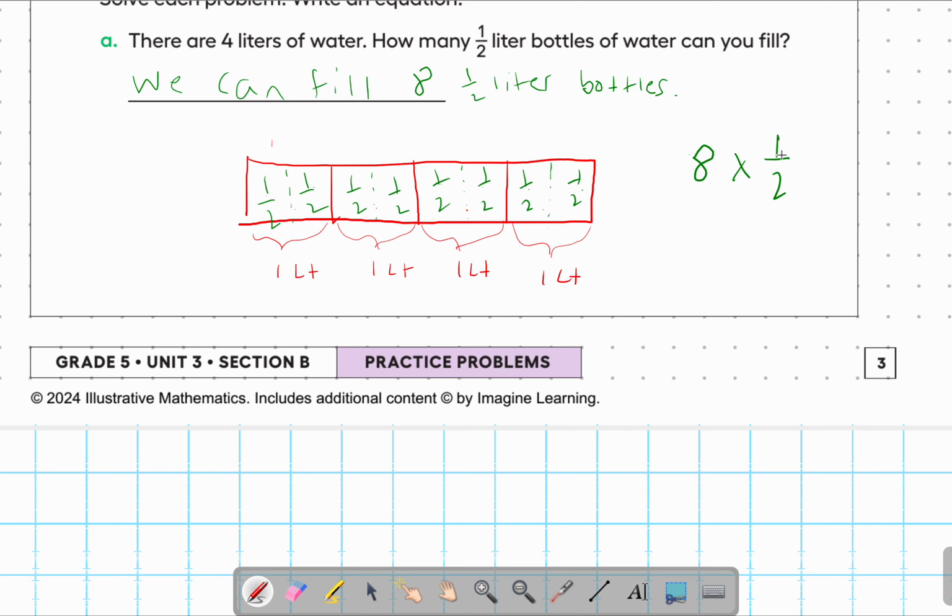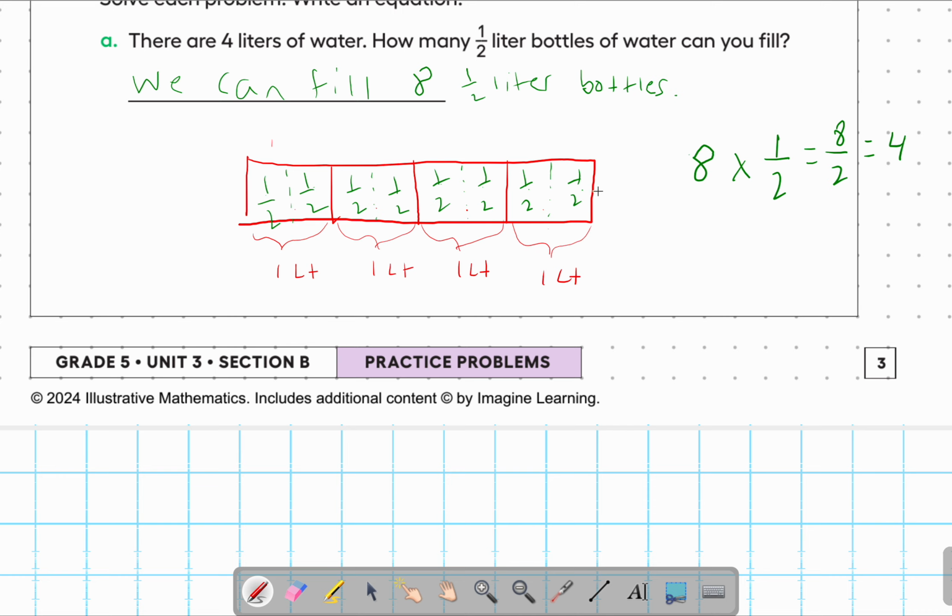Let me see if that gives us back 4 liters of water. 8 times 1/2 is 8 halves, which equals 4. So 8 half-liter bottles of water is indeed 4 liters of water. Our answer does make sense to what the problem is asking us.